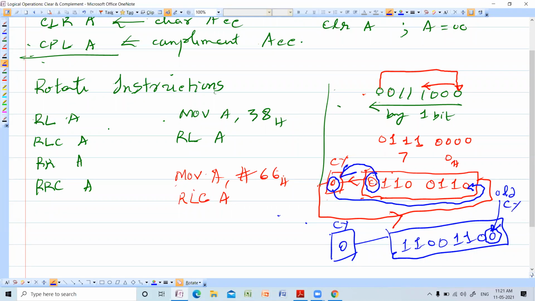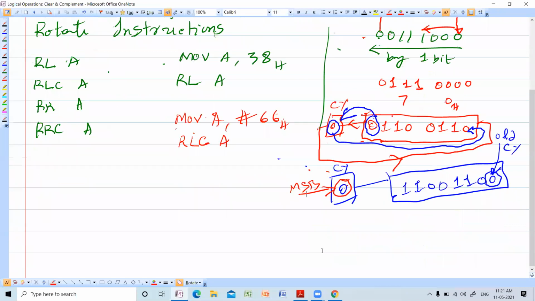What is the MSB? The MSB is copied to the carry flag, and whatever was there in the old carry flag is copied to the LSB. So this is the difference between RLA and RLCA. That's very important.